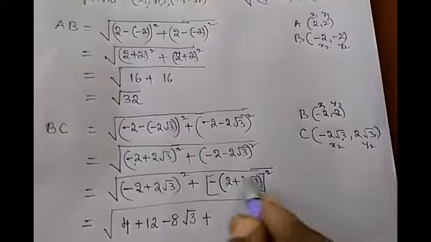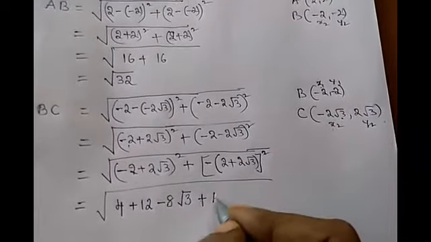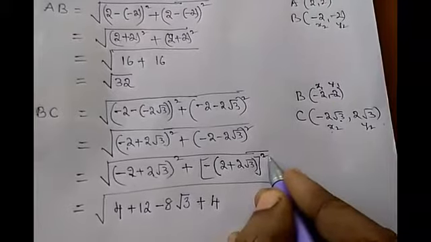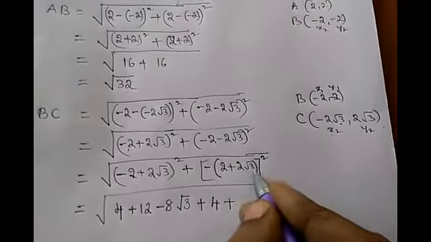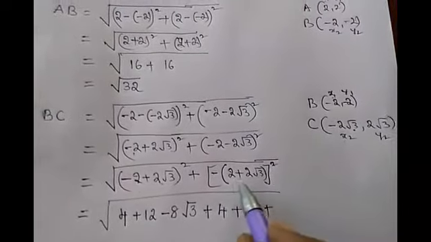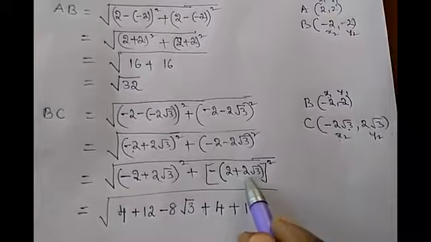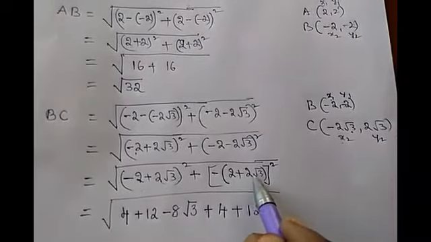So here apply a plus b whole square. 2 square gives 4, 2 root 3 whole square gives plus 4 into 3, 12, and plus 2ab. 2a means 2, 2 2s are 4, 4b means 2 root 3, 4 2s are 8, 8 root 3.